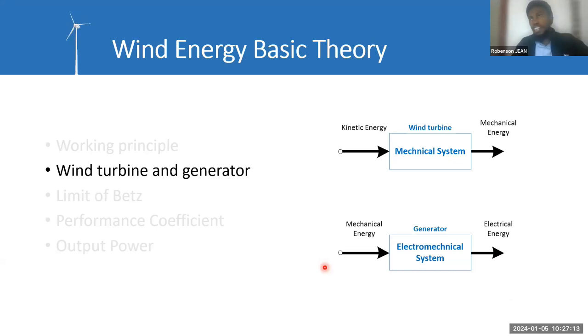This generator can be a squirrel cage induction generator, a double fed induction generator, or a permanent magnet synchronous generator. There is a wide range of generators, but the main purpose of a generator is to transform the mechanical energy at the input into electrical energy at the output. Inside the generator we have an electromechanical system.